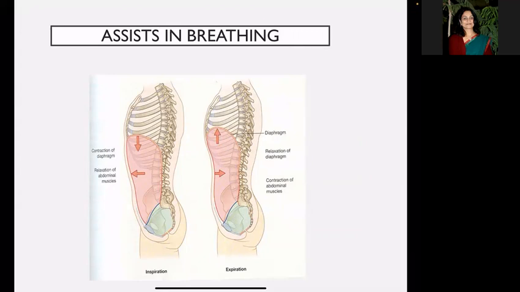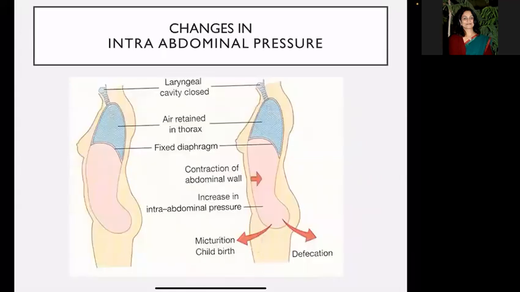You know very well that in inspiration, the diaphragm contracts, along with relaxation of the abdominal wall, increasing the cavity of the thorax and thus helping inspiration, while in expiration, contraction of the anterior abdominal wall pushes the diaphragm upward and helps expiration.